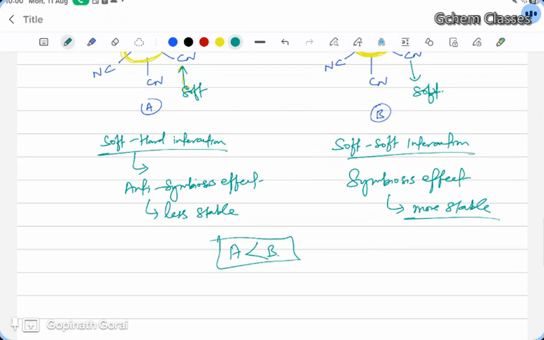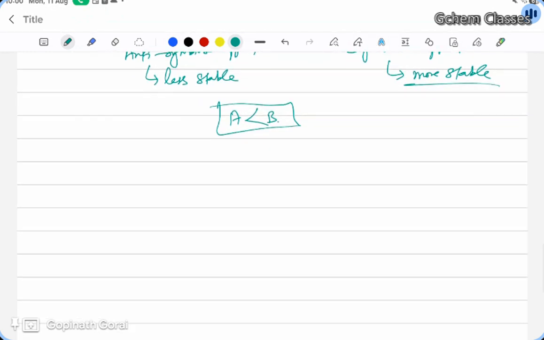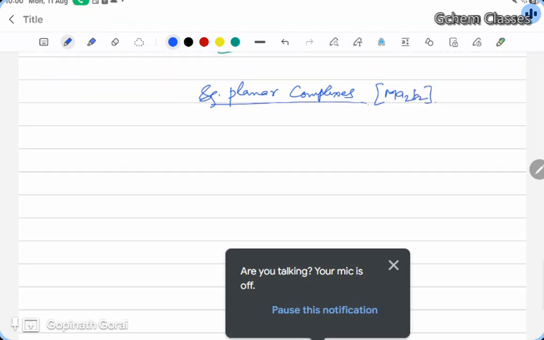Understood. Now for the square planar, as I told you, this will be shown by octahedral as well as square planar. Here it is just opposite. Let's see how it will show in square planar. A little bit different; octahedral is quite easy. Square planar complexes must have the formula Ma2B2 type, otherwise cis-trans is not possible.